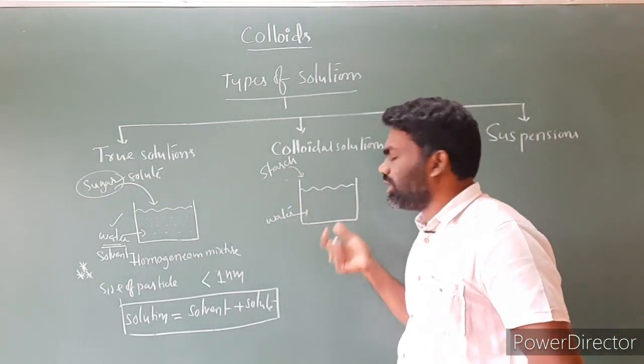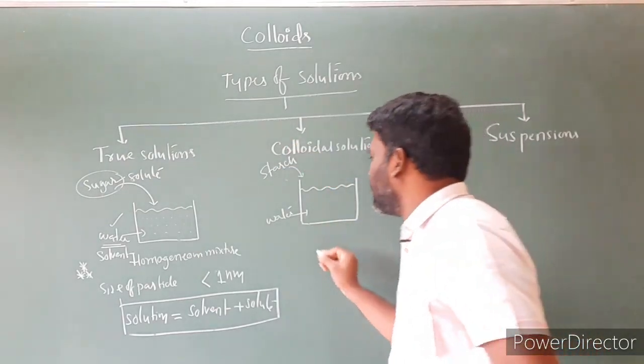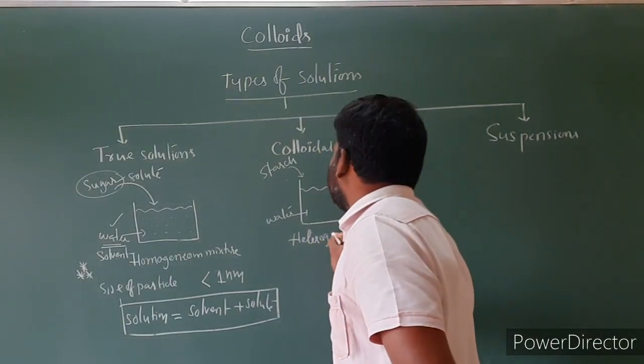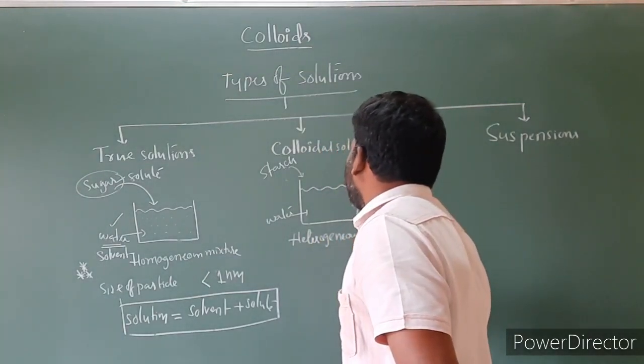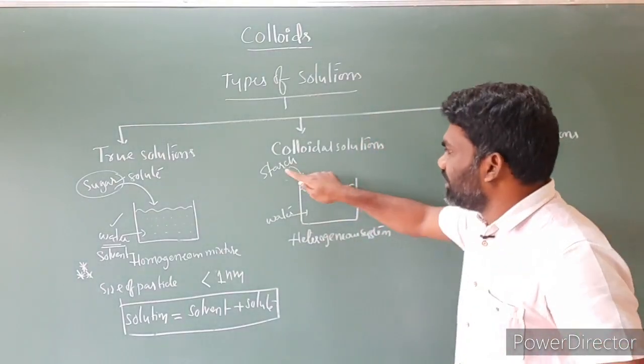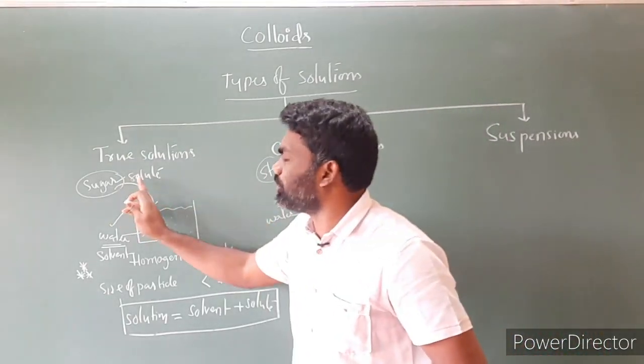When the starch is added to the water, the starch particles distribute throughout this solution, but you will get a heterogeneous system. In this heterogeneous system, the particles of starch are very large when compared to the sugar particles.